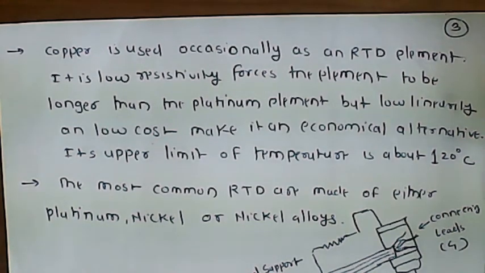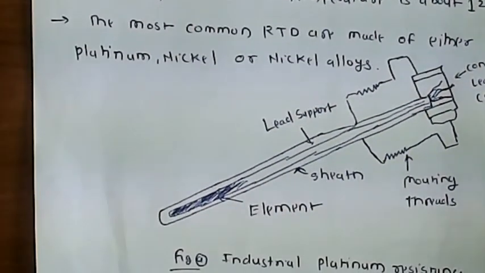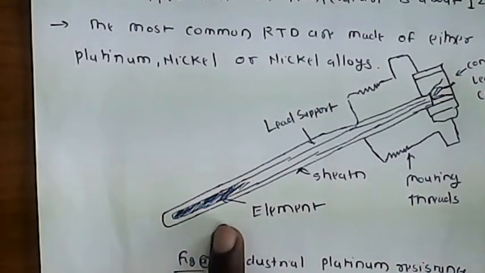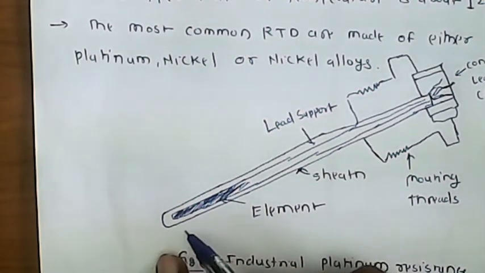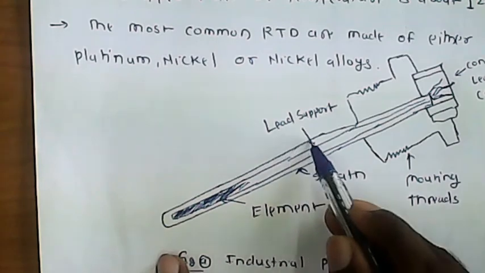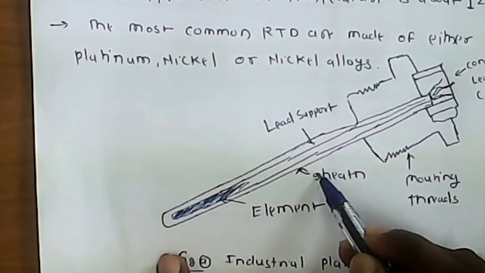The most common RTDs are made of platinum, nickel or nickel alloys. So the basic construction we can see here: the element whose temperature is to be measured is placed inside this glass tube. This glass tube is shielded with some material that provides a sheath.